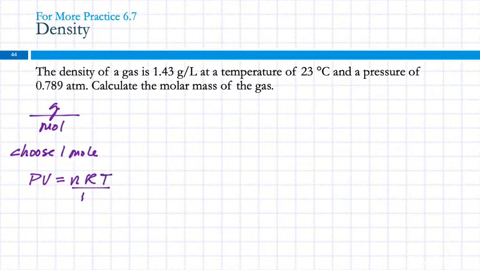If I divide by P on both sides, V equals nRT over P. I picked n to be 1 mole. I know what R is. I was given the temperature and the pressure. One mole of gas, 0.08206 liter atmospheres per mole Kelvin.